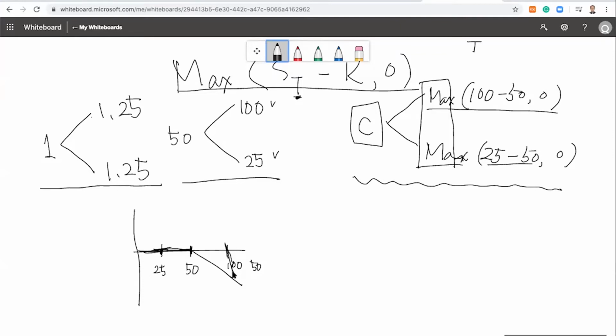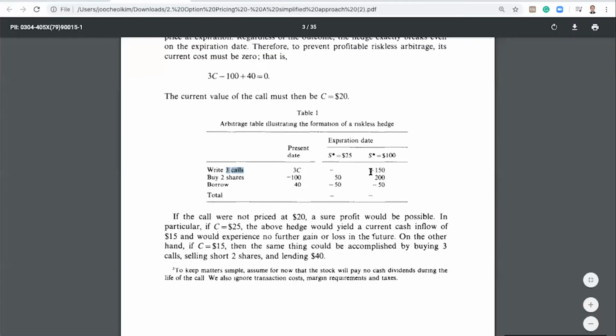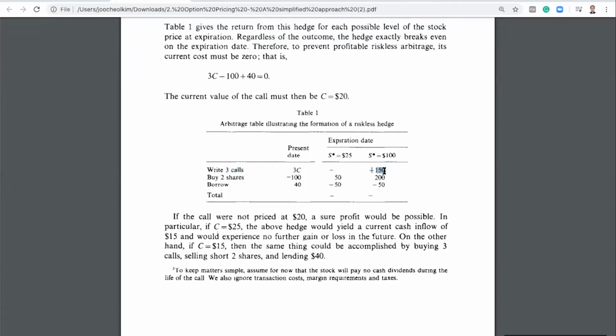So I lose $50 for each option, but I sold 3 of them. In total, from my pocket, I have to take $150 and give it to the long position of the call option. So that's negative 150.